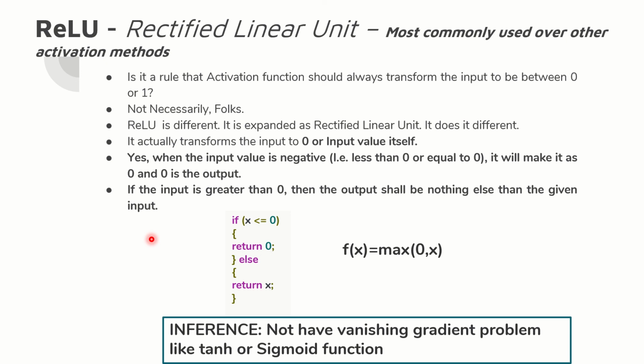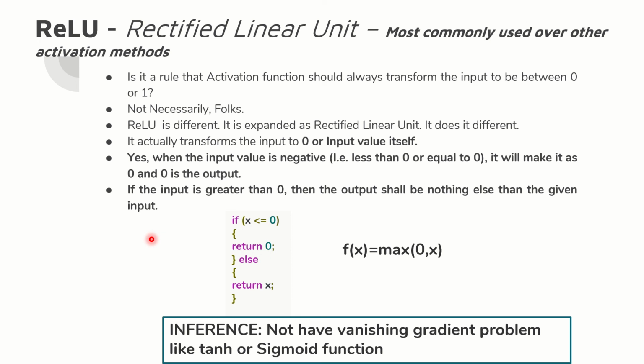Now, is it a rule that the activation function should always transform the input between 0 and 1? Not necessarily. The ReLU is a little different and it works in a different way. It transforms the input to 0 or the input value itself. What do you mean, sir? Very simple. If the input is less than or equal to 0, 0 is the value that will be returned.